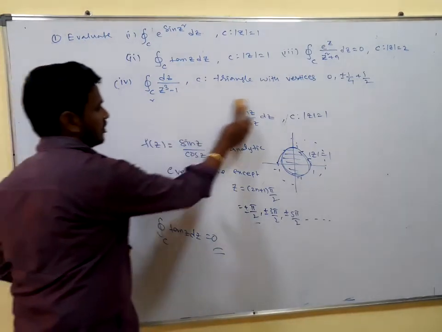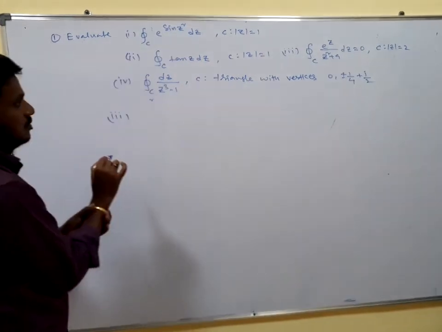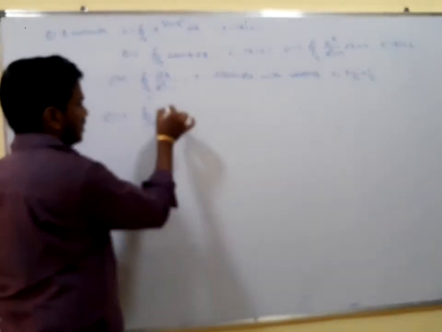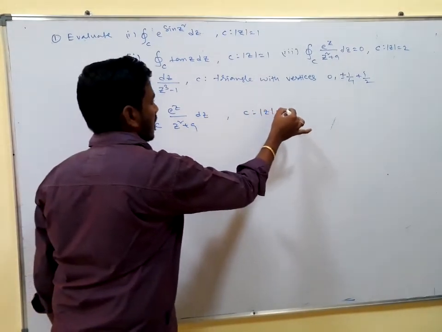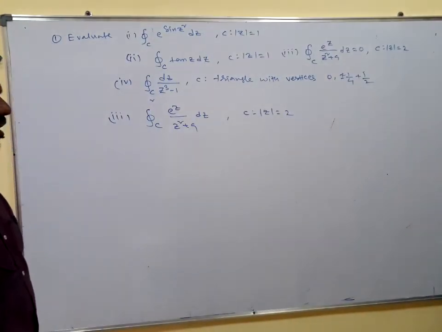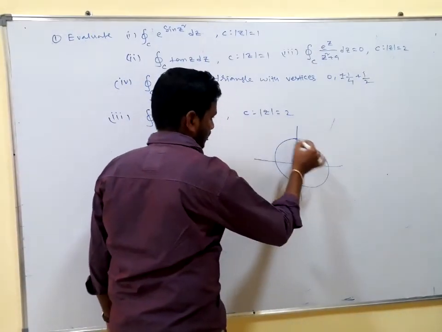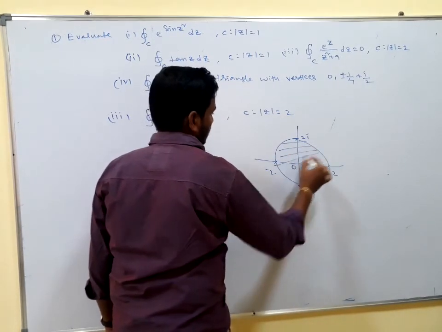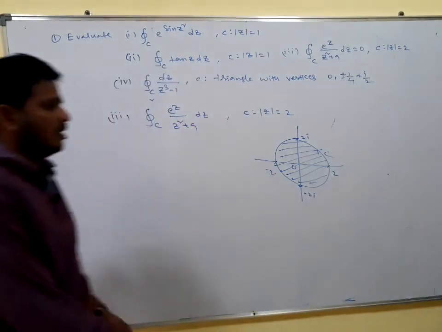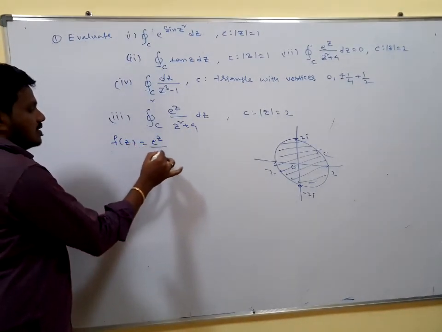Next, coming to the third one: integral of e to the power of z divided by z square plus 9 dz. Here the closed contour, or closed curve, is mod z equals 2. Here it is 2, minus 2, 2i, minus 2i, centered at 0. This is a simply connected domain. Now f of z equals e to the power of z divided by z square plus 9.